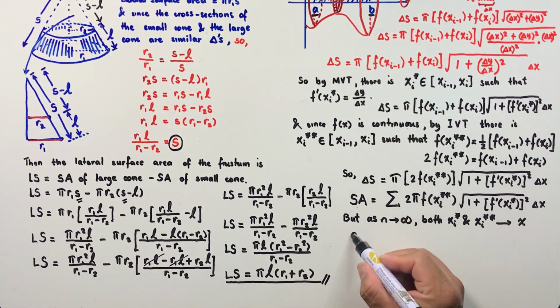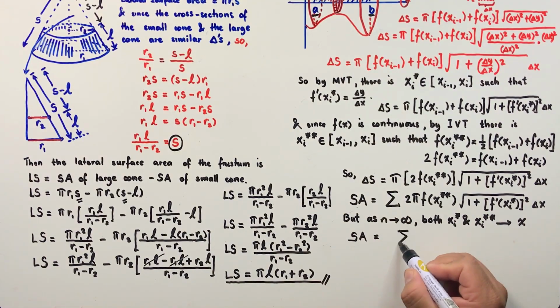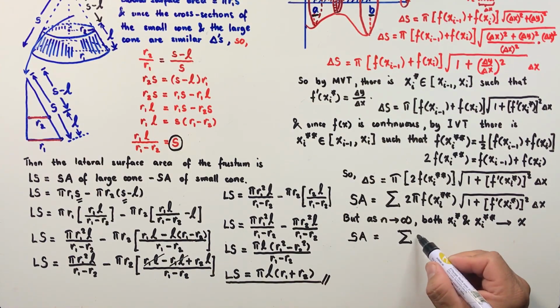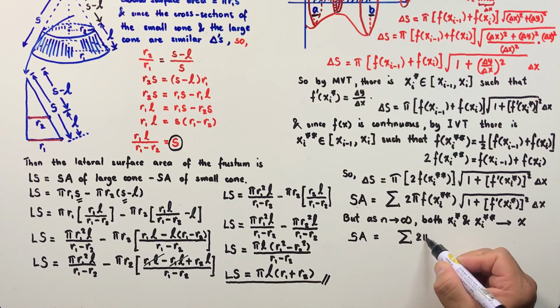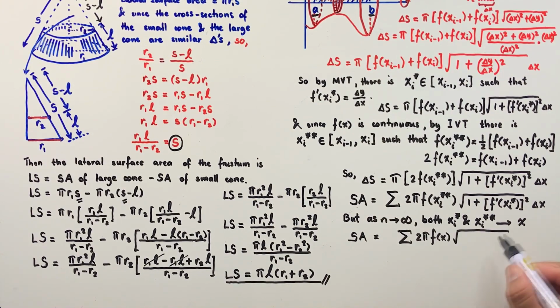So we write here the whole surface area is equal to the sum of the surface areas of all incremental slices, which is given by 2 pi times f of x times the square root of 1 plus f prime of x quantity squared delta x.